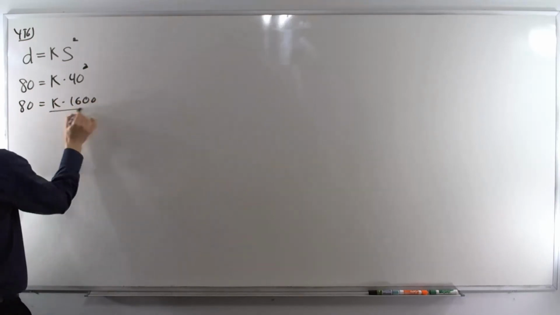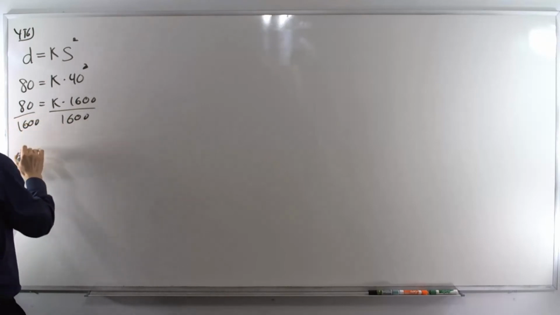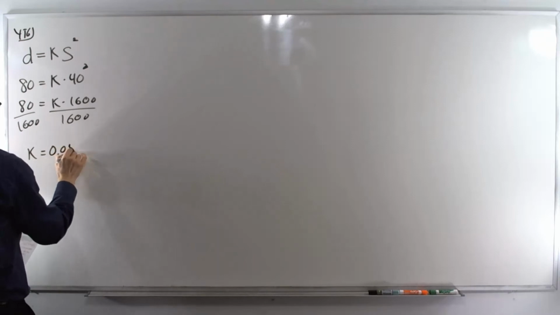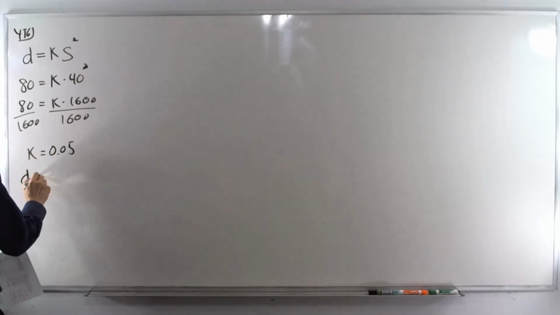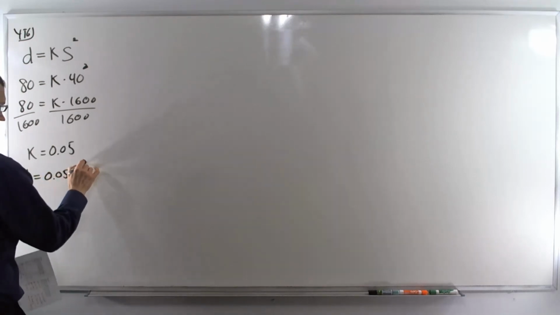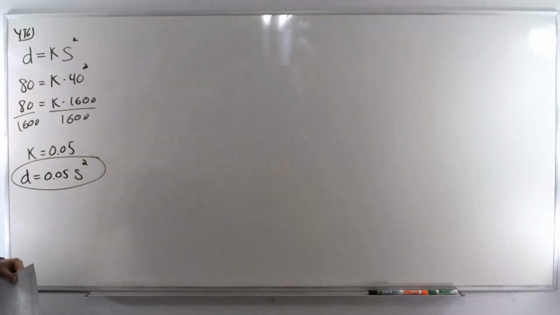Forty squared, 1,600, divided by 1,600 on each side. We get a k of 0.05. So let's plug that in. So d equals 0.05 s squared.